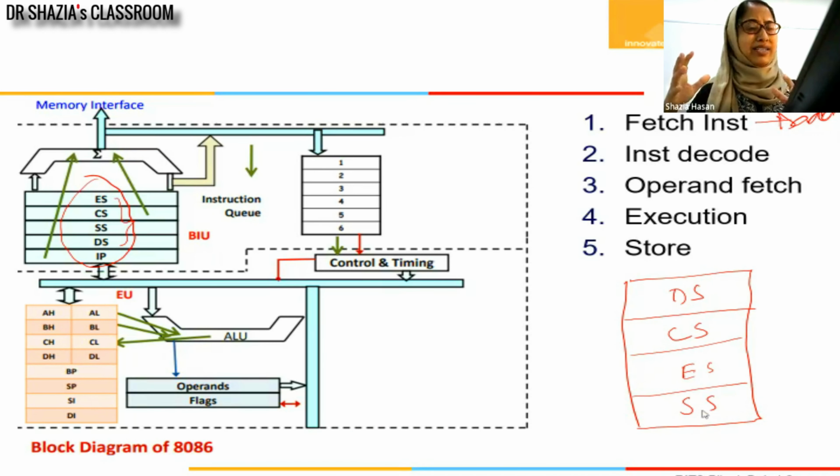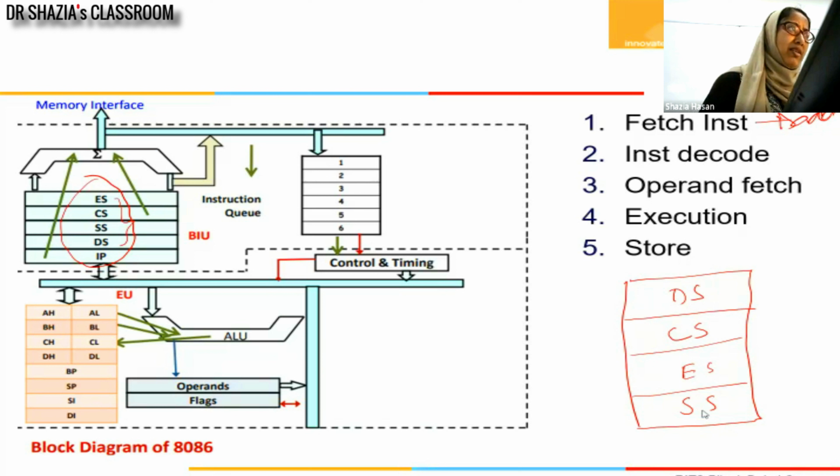Code segment and stack segment have their own specific operations. Code segment is used to store the programs, whatever instructions we are writing. The assembler converts them into equivalent machine code and stores them. Where does it store them? In the code segment part of the physical memory which you have connected to the processor.